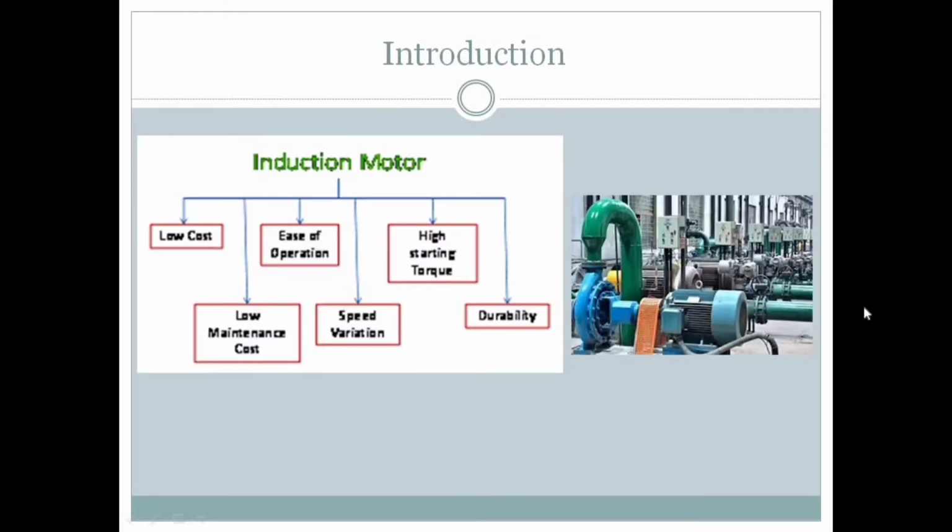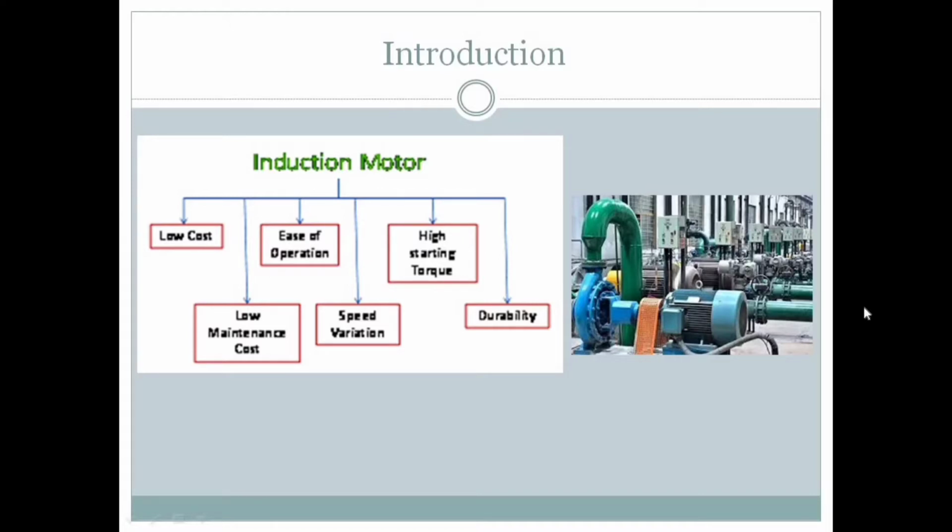So till now we studied that the induction motor gives us low cost, low maintenance cost, ease of operation, speed variation, high starting torque and durability.